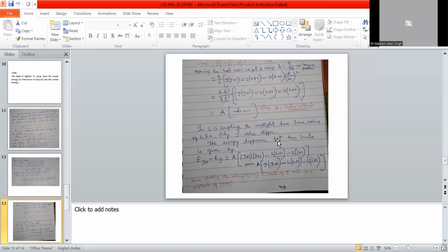Here is the energy difference in the above part: this is the lower level and this is the higher level, and the energy difference is given by delta E. Here J is written as J plus 1, and J plus 1 is given by J plus 2.